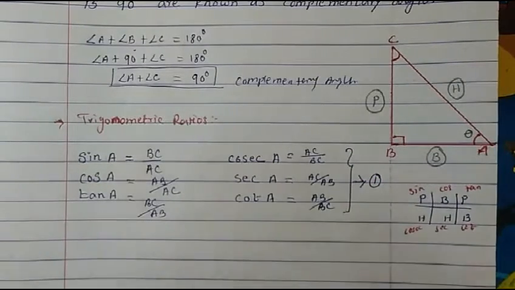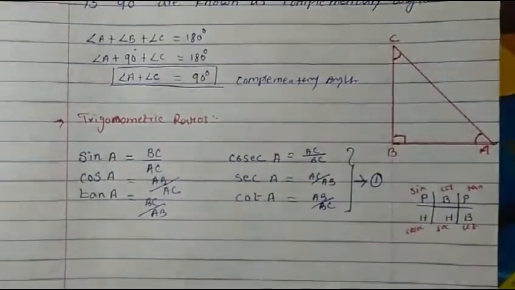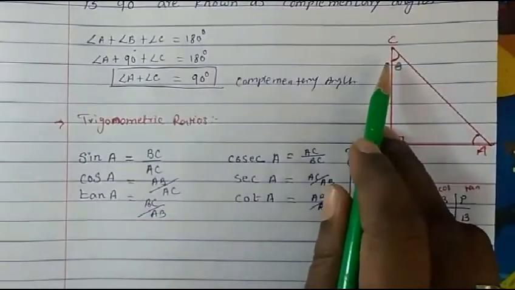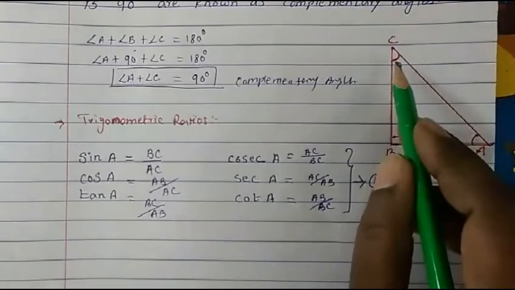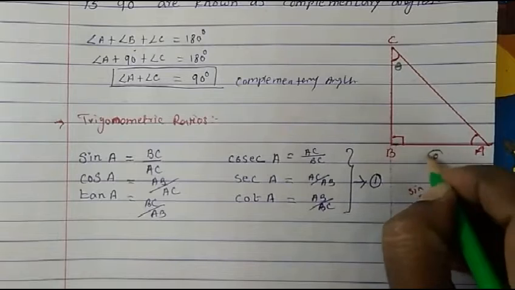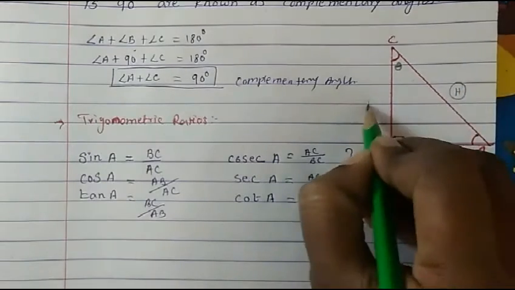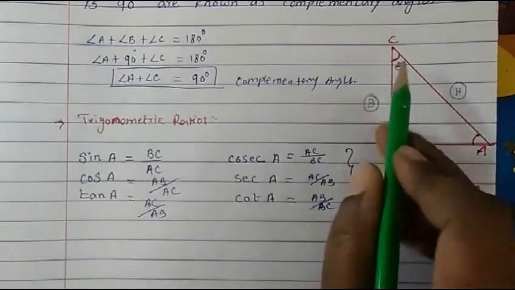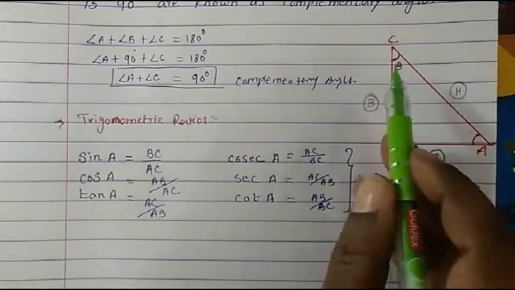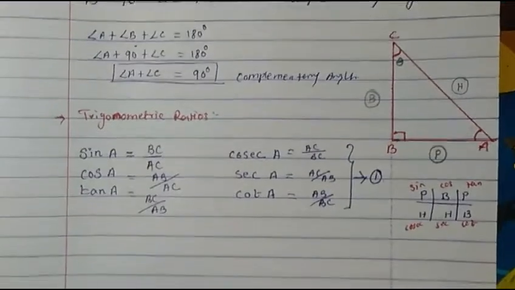Now if our theta is C, then opposite to the theta side becomes perpendicular, opposite to 90 degrees becomes hypotenuse, and the other side becomes base. Now if I want to write the value for C, instead of writing sine C, can I also write like this?